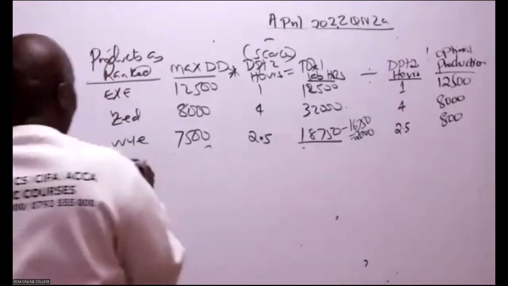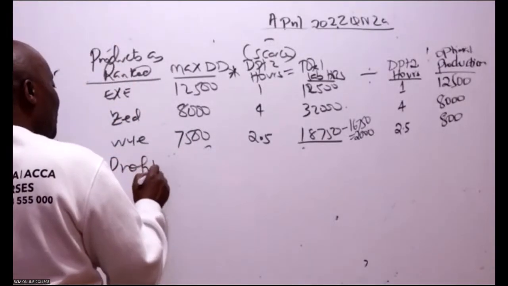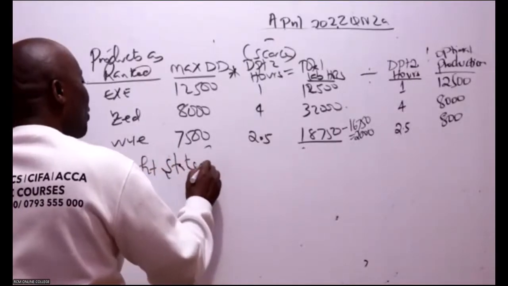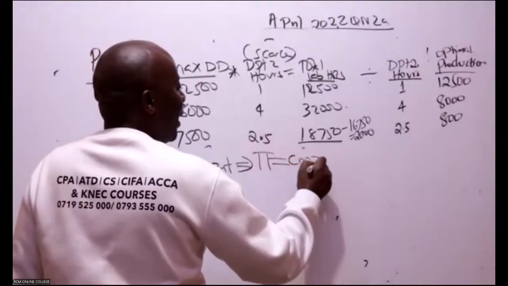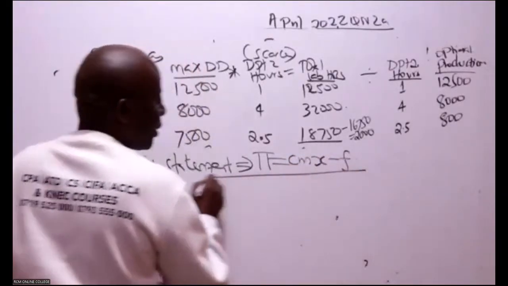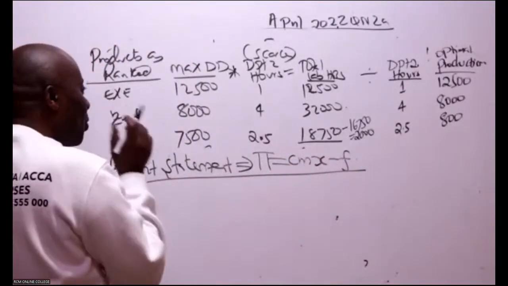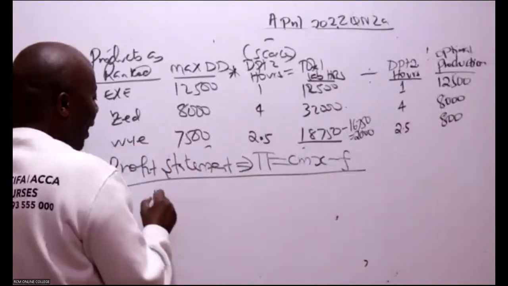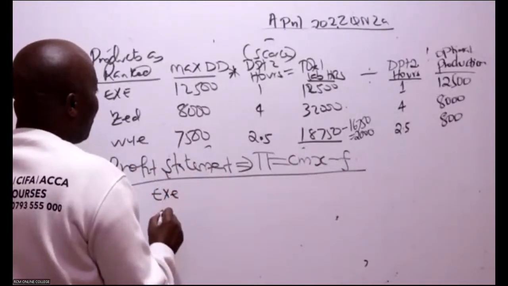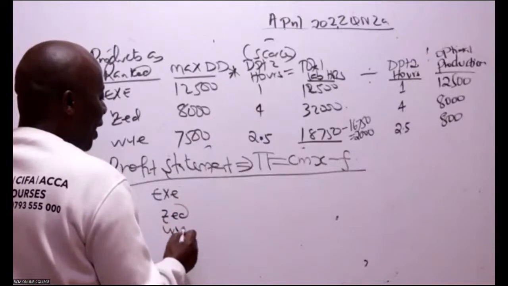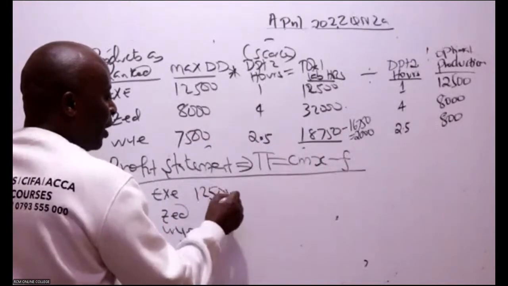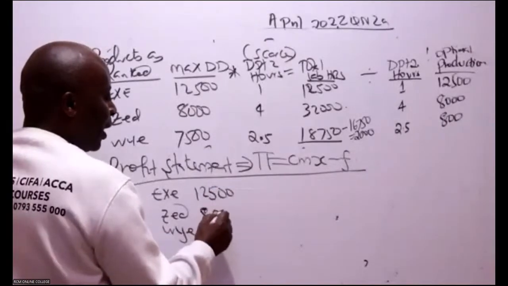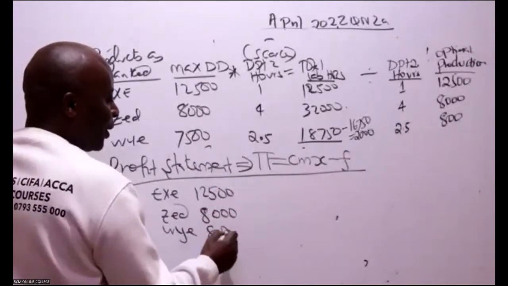So, the profit statement. We are good students of management accounting. We know that profit is CMX minus fixed costs. I know the products that I'm producing: X, Z, Y. And I even know the units I'm going to produce and sell: 12,500, 8,000, 800.